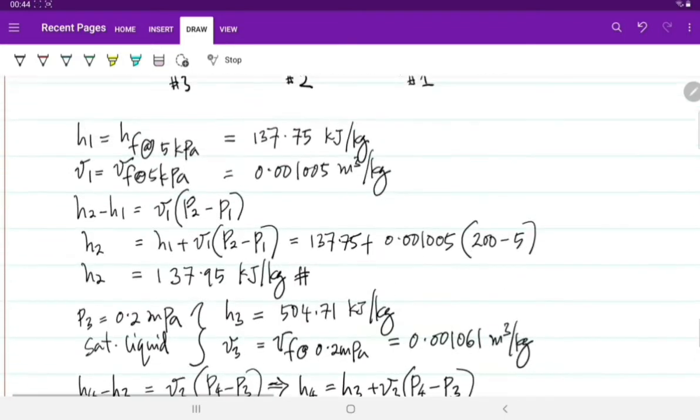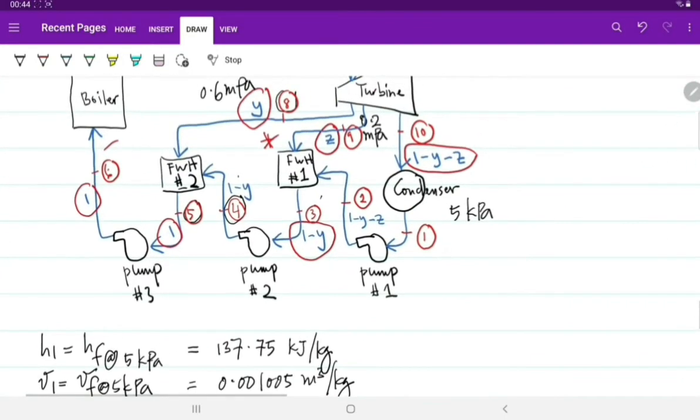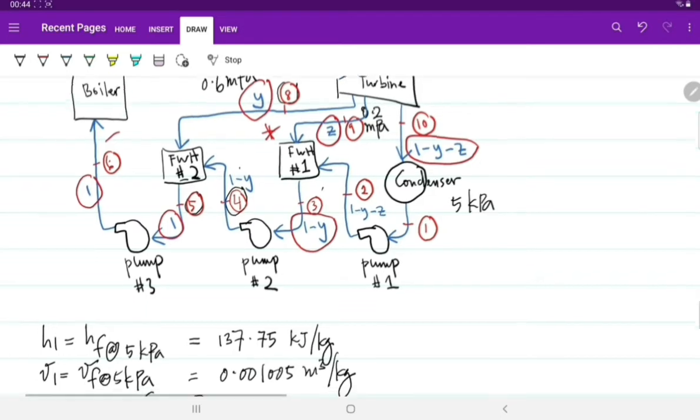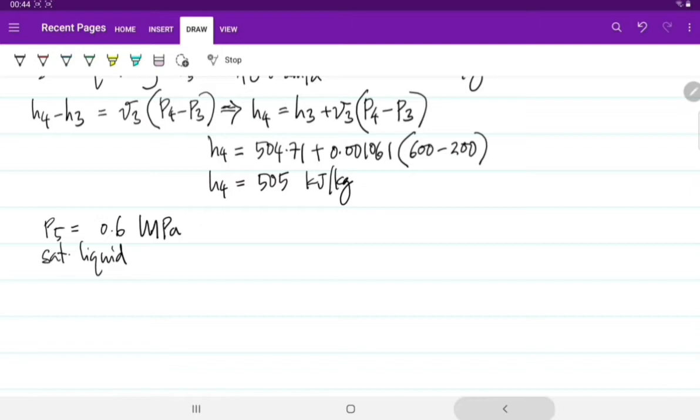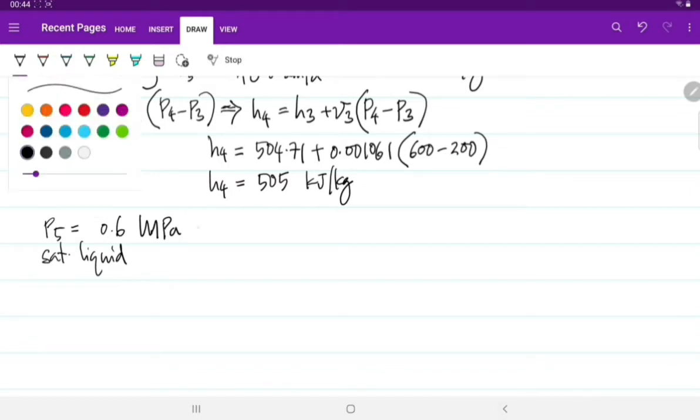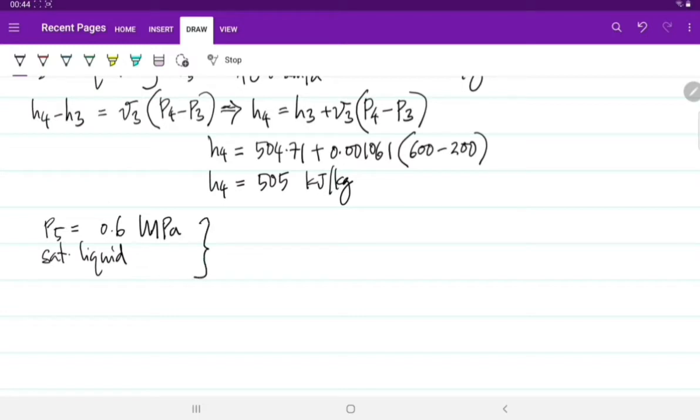Point number 5 is here, exit feed water heater as a liquid form as stipulated by the question. Pressure is 0.6 megapascal. So from here you can find your H5, which equals HF at 0.6 megapascal.